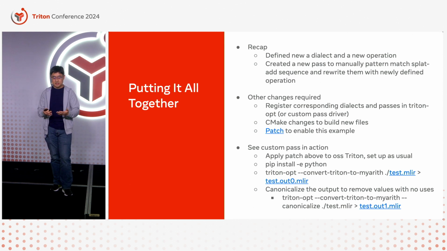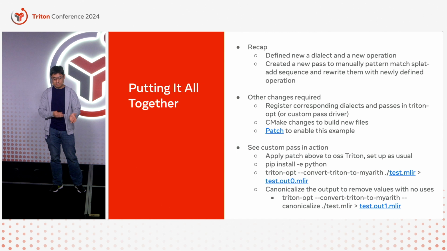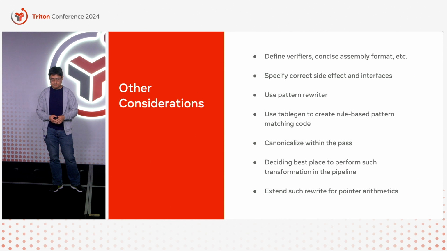So to complete this example, what we could do is either go back to our rewriting pass, making sure that these two operations have no other uses, and manually delete them, or we could just call the canonicalization pass on top of our newly created pass, and that will remove all the values that have no uses and also no side effects.